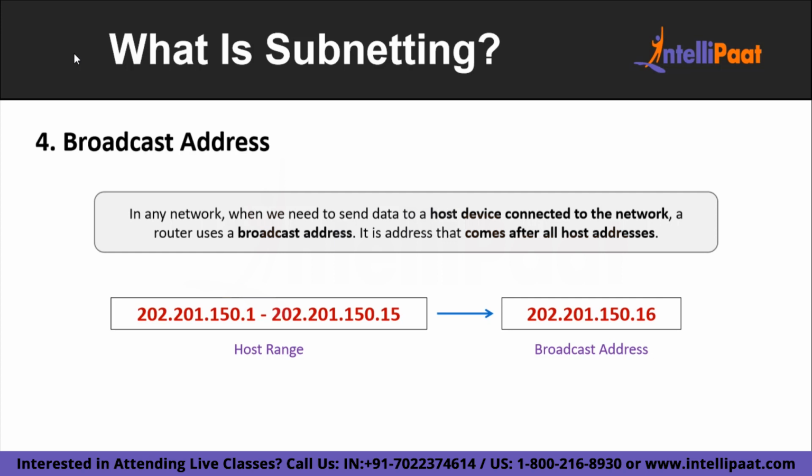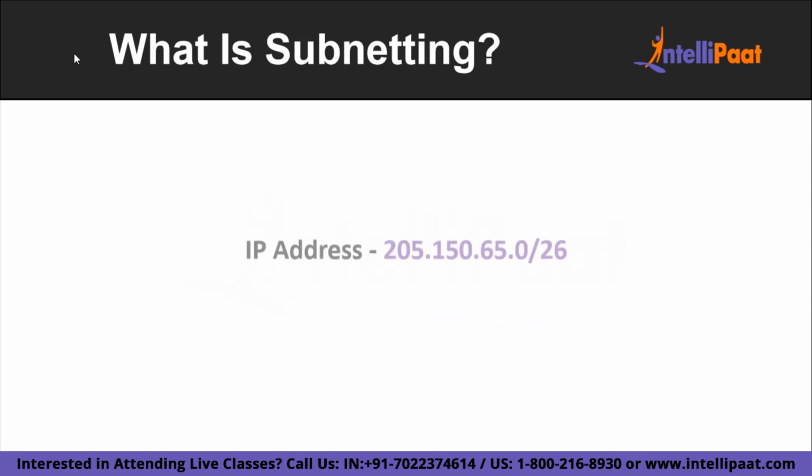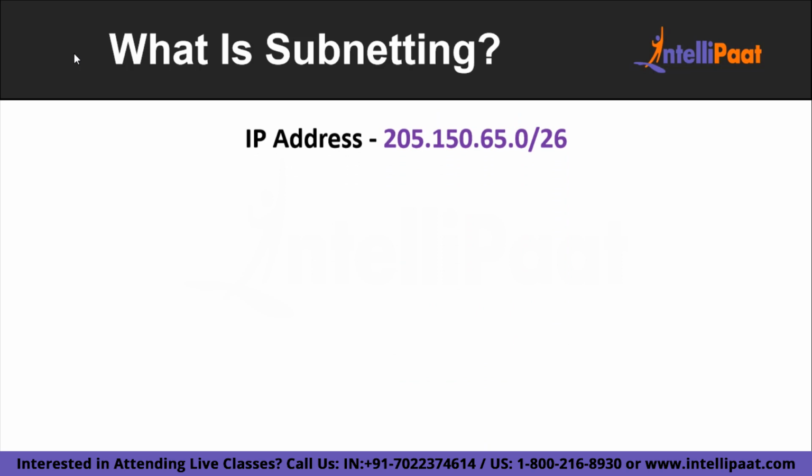Next, we'll take an example of an IP address and derive the possible number of subnets and host IP addresses. The IP address we have here for this purpose is 205.150.65.0 with CIDR notation 26. Let's first figure out the IP address in binary form.